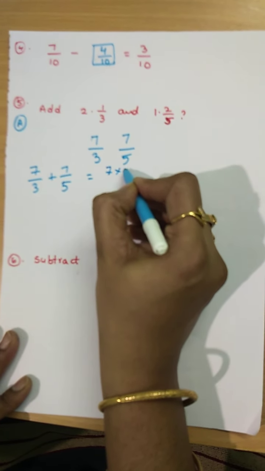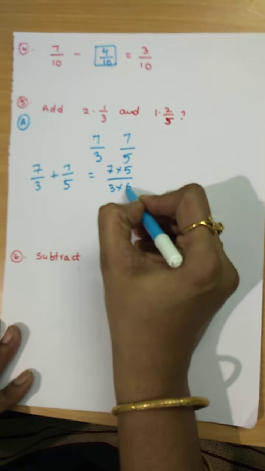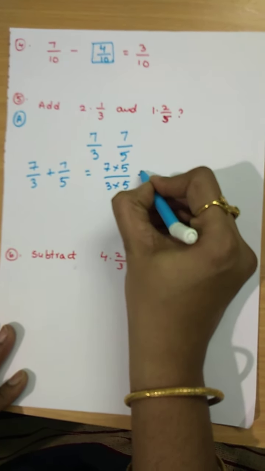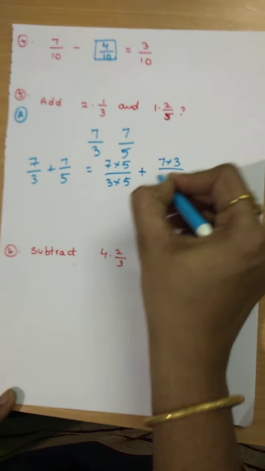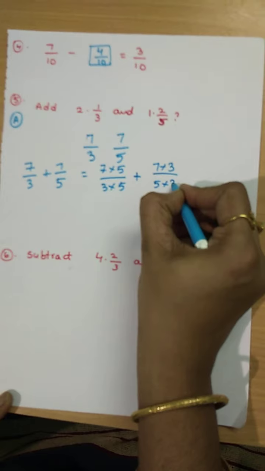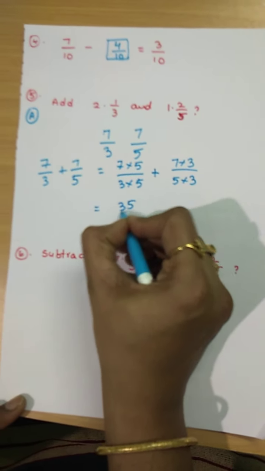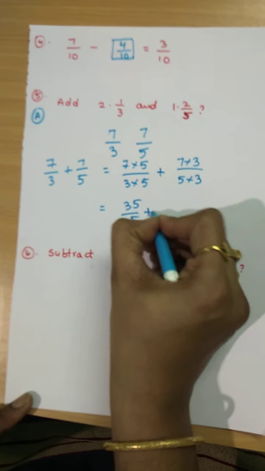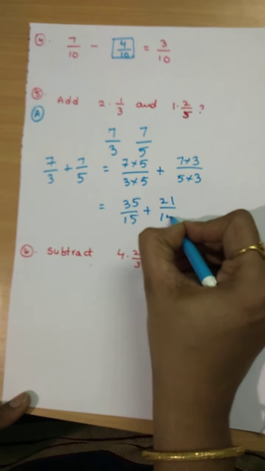Now again we are changing these values into like fractions. 7 into 5 divided by 3 into 5, plus 7 into 3 divided by 5 into 3. 7 fives are 35 divided by 15, plus 7 threes are 21 divided by 15.